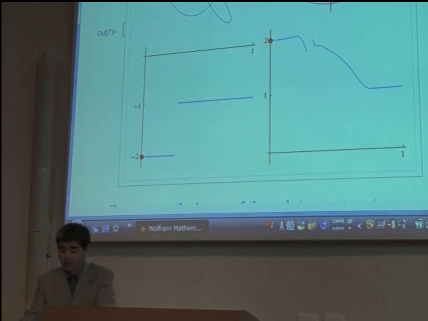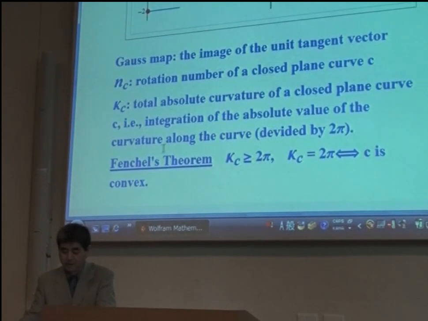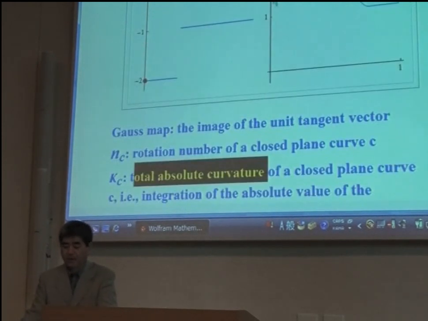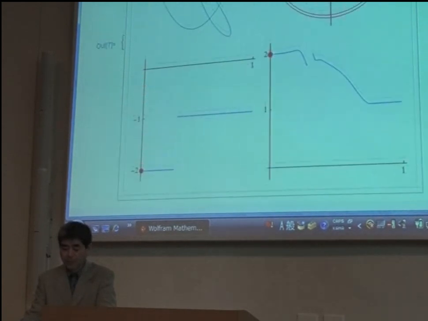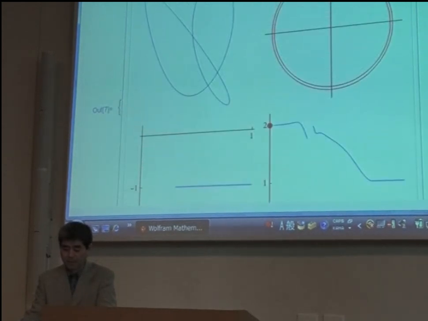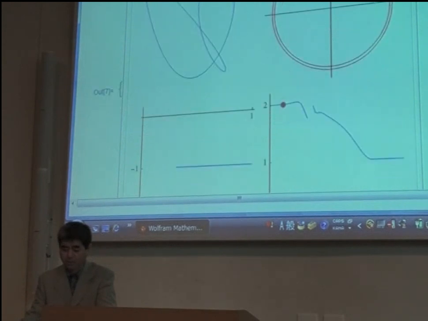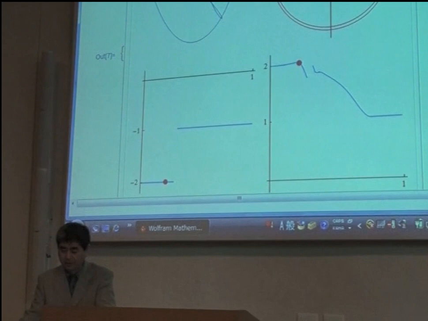This one shows the so-called total absolute curvature. It is defined by the integration of the absolute value of the curvature, and in this figure, it is shown divided by 2 times pi. And we consider a homotopy from this curve to the unit circle with negative orientation like this.